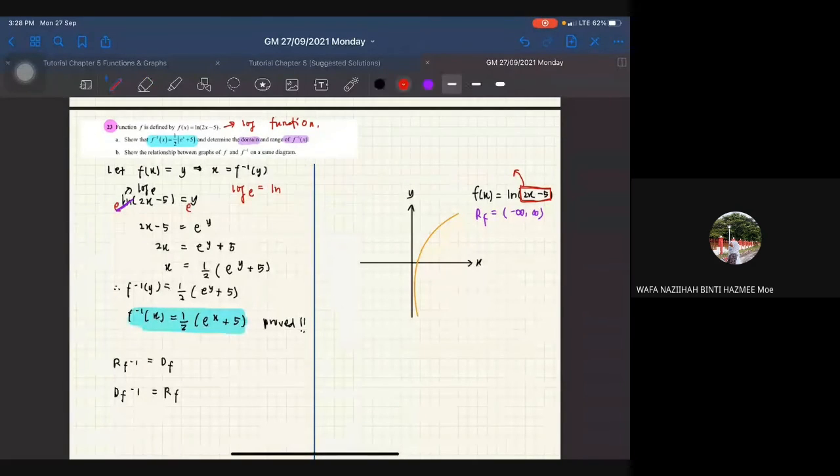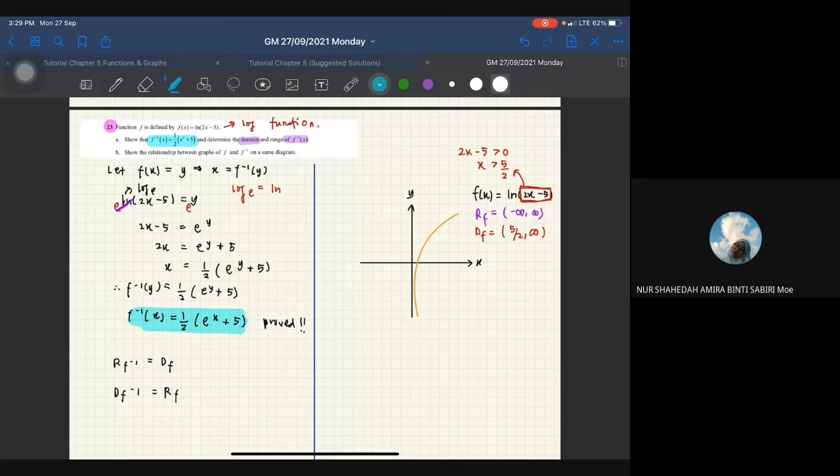Which means that it must be greater than 0 sahaja. Okay, so 2x minus 5 is greater than 0. So awak nak cari x sekarang ni. So awak akan dapat x is greater than 5 over 2. So this is actually your domain. So domain awak adalah from 5 over 2 to infinity. Macam tu. Okay, boleh tak?